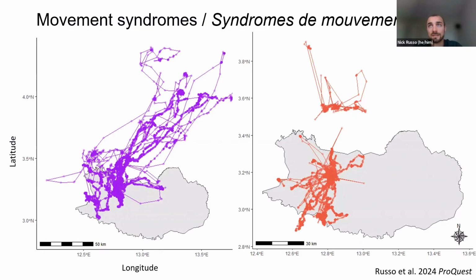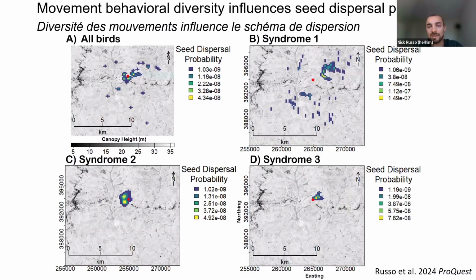And these syndrome characterizations were based on principal components analysis. Now, given this information about variation among individuals in terms of movement behavior, the next step was to predict patterns of seed dispersal based on these behavioral syndromes.